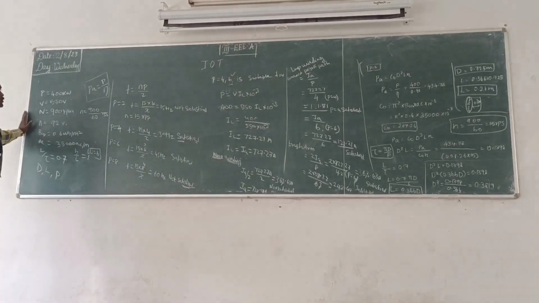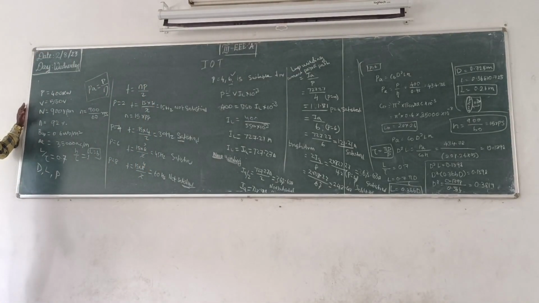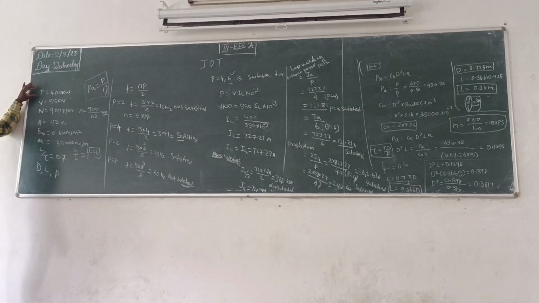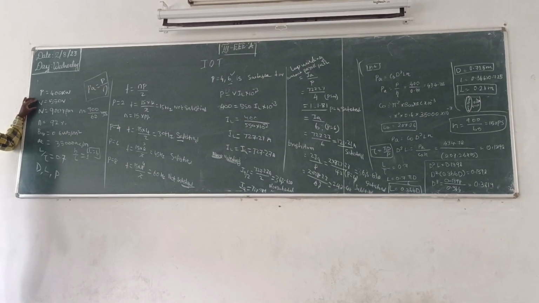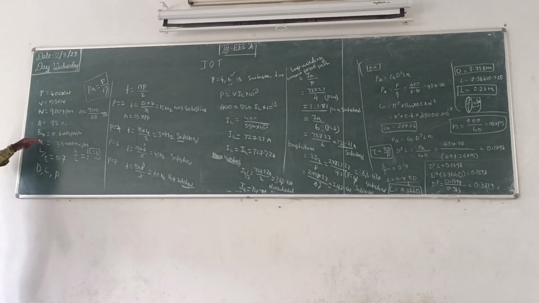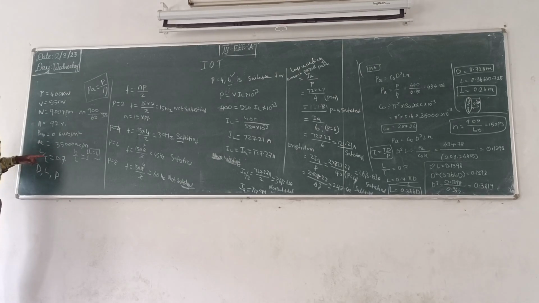Okay, listen. So this was the given data for the next problem of selection of number of poles. The power rating given is 400 kilowatts, 550 volt, 900 RPM, and 90% efficiency. It's a DC generator with average magnetic flux density 0.6 Weber per meter square and 35,000 ampere conductors per meter.